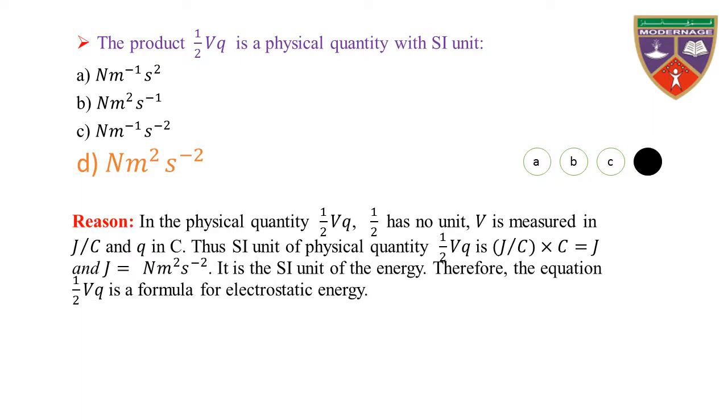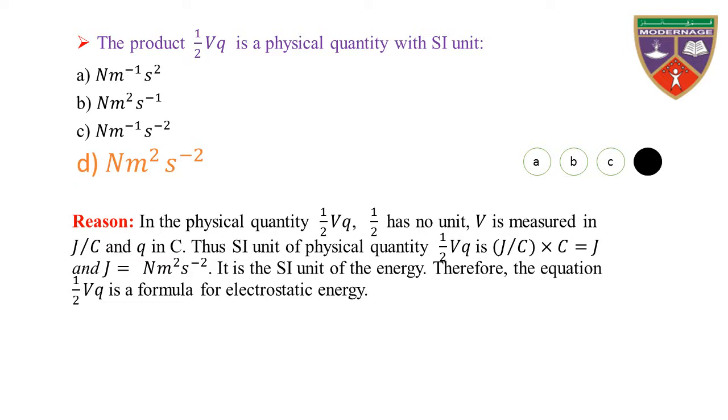Reason. In the physical quantity 1 by 2 V into Q, 1 by 2 has no unit. V is measured in joule per coulomb and Q in coulomb. Thus, the SI unit of physical quantity 1 by 2 V into Q is equal to joule per coulomb into coulomb, which is equal to joule, J. And joule is the unit of work done, and the unit of work is Newton meter square per second square.